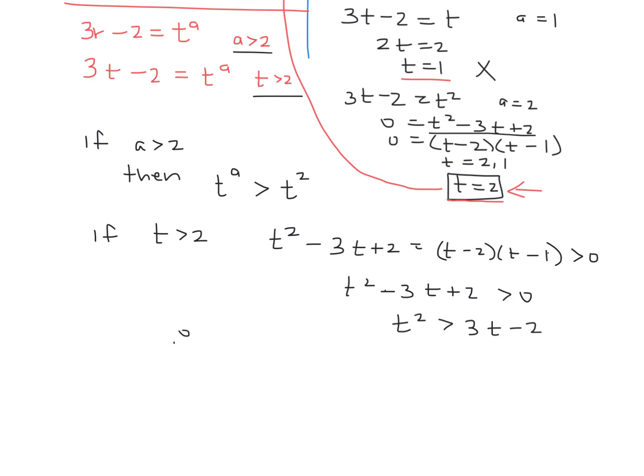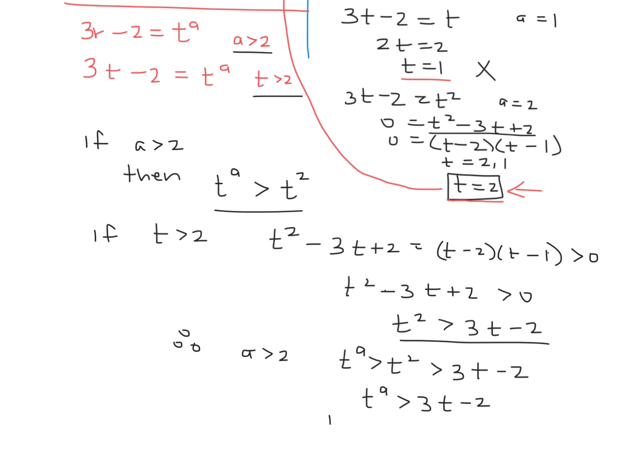So therefore I can conclude that if a is greater than 2, then t to the a is greater than t squared, which is up here. And t squared from here is greater than 3t minus 2. So that basically means that t to the power of a is greater than 3t minus 2.